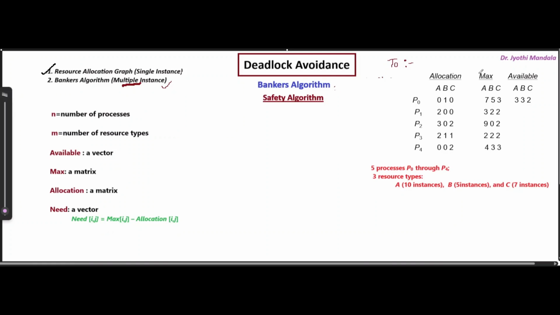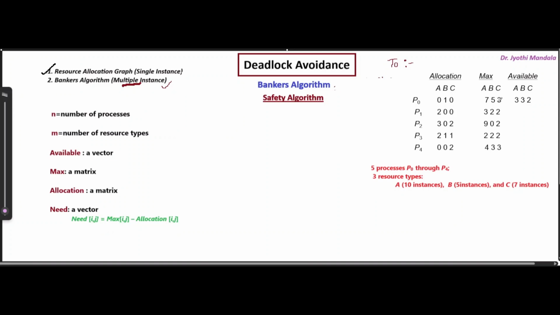Now coming back here, at time T naught, P naught's maximum requirement for A is 7, but it has been allocated 0 A resources only. It requires 5 of B, but it has been allocated 1 B resource only.